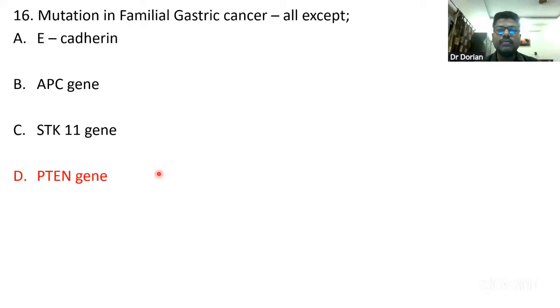It is different from medullary thyroid cancer. I hope I am clear. If you have any doubts or if you want me to repeat, you can put it in the group. Whichever point you are not clear about, put it in the group.